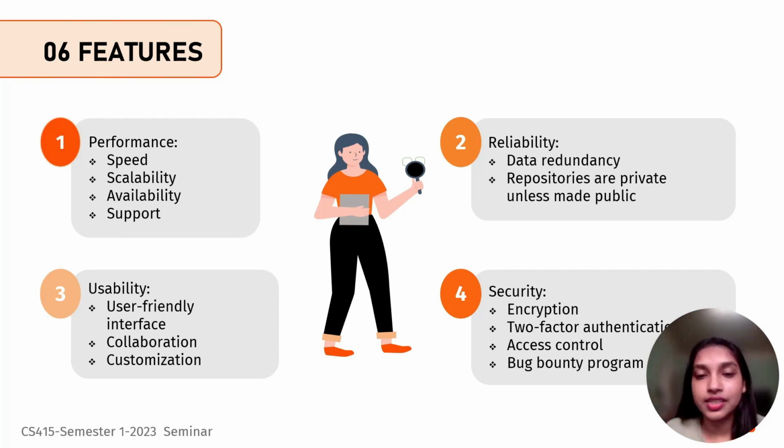GitHub also provides security features, that is encryption, two-factor authentication, access control, and bug bounty program. Under encryption, it can be said that data transmitted to and from GitHub is encrypted using SSL or TLS encryption, ensuring data is not intercepted or read by unauthorized third parties.